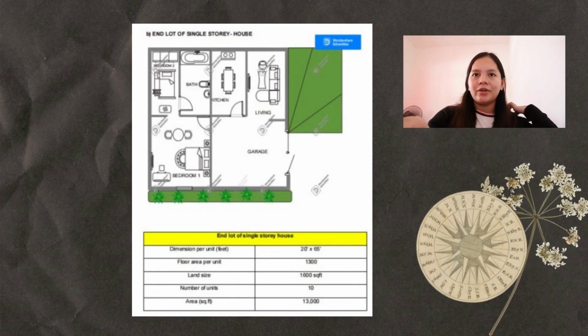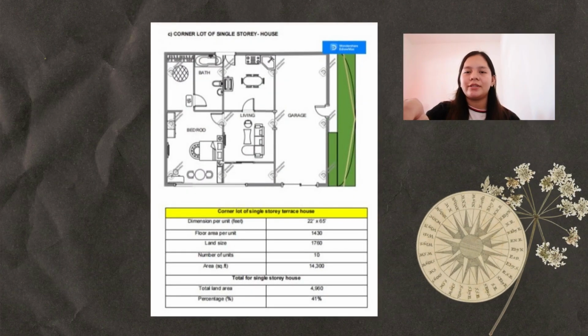Next, we go to the end lot of single story house. This is the model of our end lot of single story house. We calculate the same way as the intermediate lot of single story house, so we get the total area of 13,000.